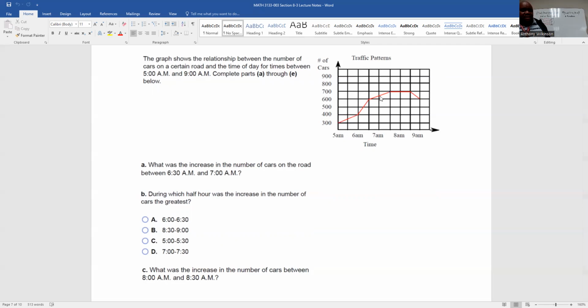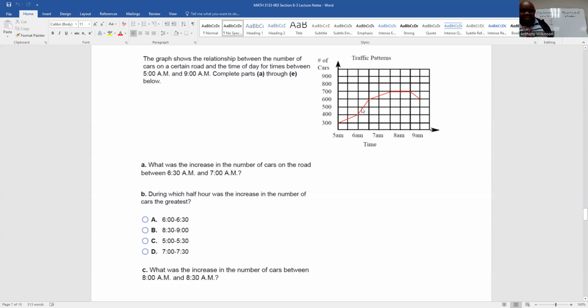All right, part B is this: during which half hour was the increase in the number of cars the greatest? Okay, 6 to 6:30. And the reason for that is this: here's 6 a.m. and here's 6:30.